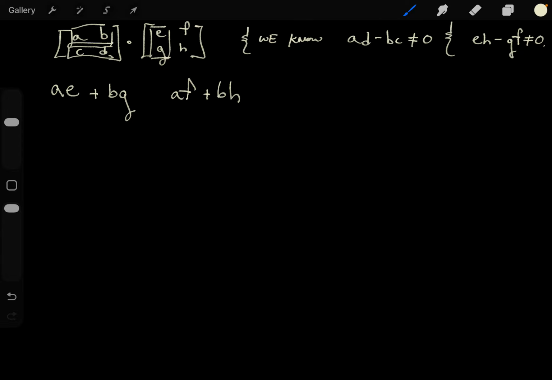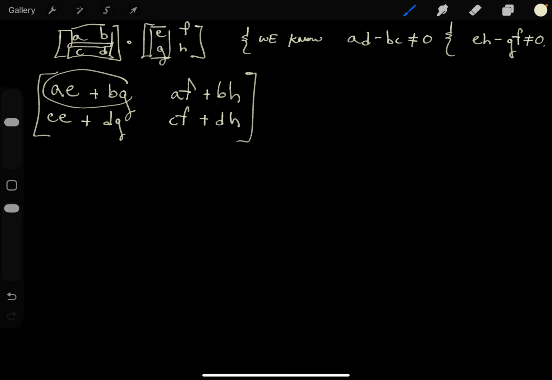And then I'm going to do CD: CE plus DG, and then CF plus DH. And what I want to prove now is that this times this minus this times this does not equal 0.